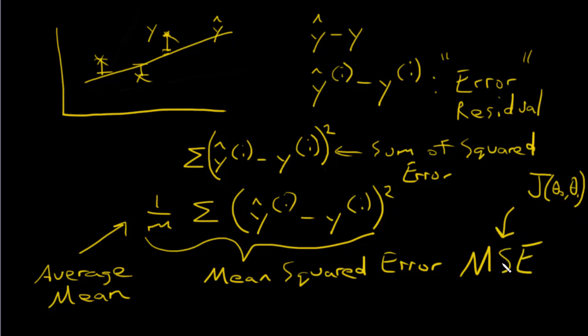So our cost function for linear regression is going to be the mean squared error. And all we're going to do is develop an algorithm that will minimize the mean squared error. If I can minimize my error, so if I can take my MSE and then minimize it, I will have found the best fit for the data.